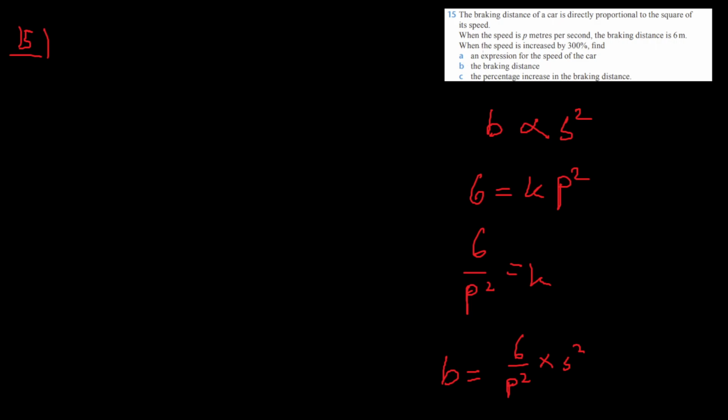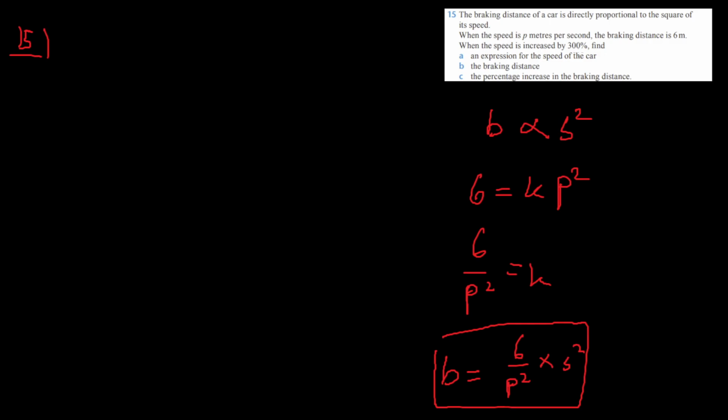So it asks us when the speed is increased by 300%, we have to find the expression of the speed of the car. Well, this is the expression of the normal one, but it's not the one at 300%. So to find 300%, we can just do this. Just remember one thing.